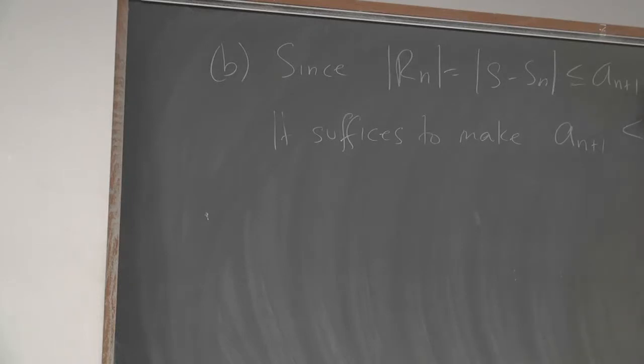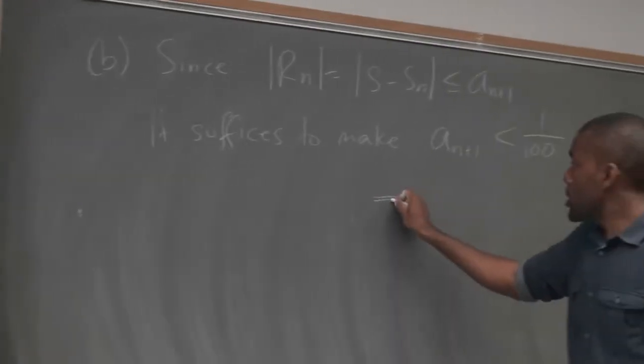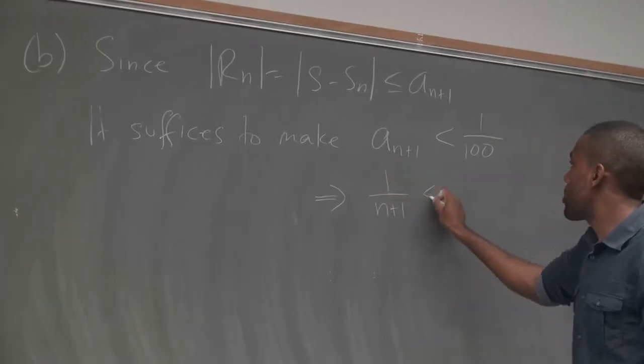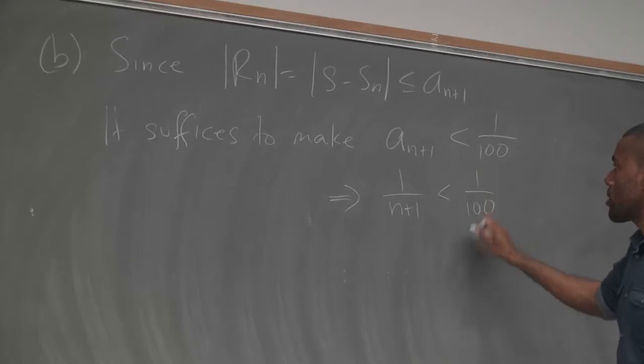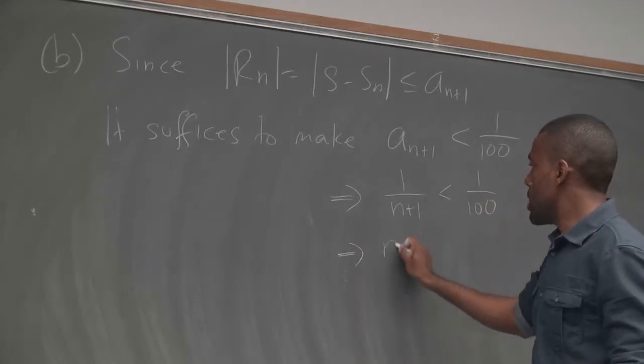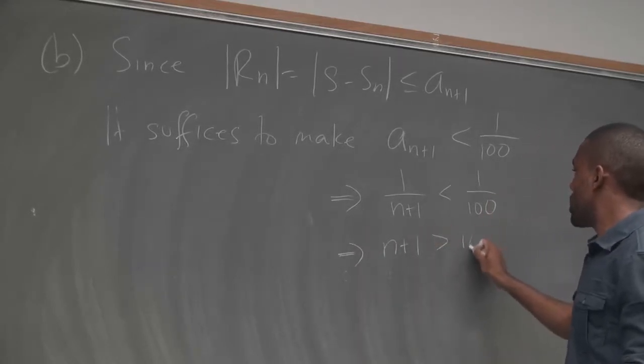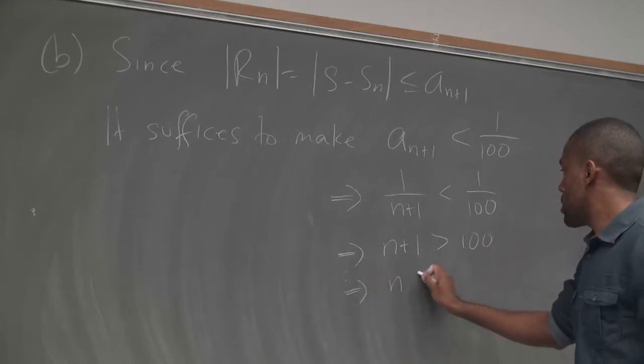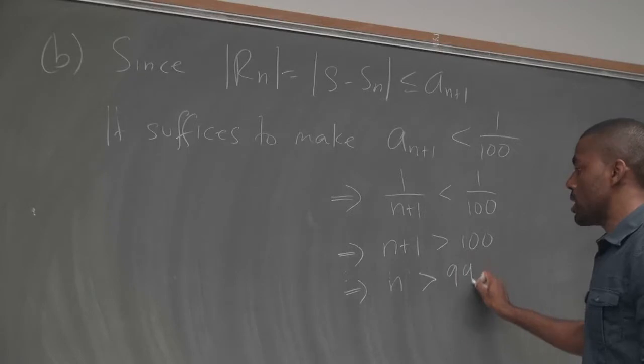If this guy's within 1/100th of the answer, then overall my approximation will be within 1/100th of the answer by this theorem. So this means An plus 1 is actually 1 over n plus 1. This means I need n plus 1 to be bigger than 100. This means I need n to be bigger than 99.